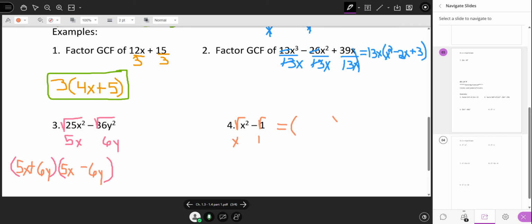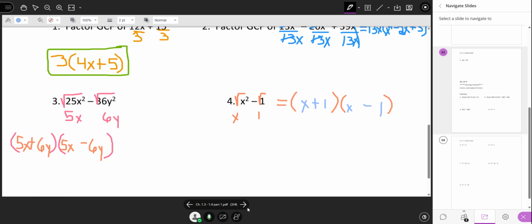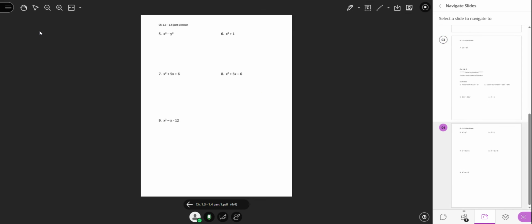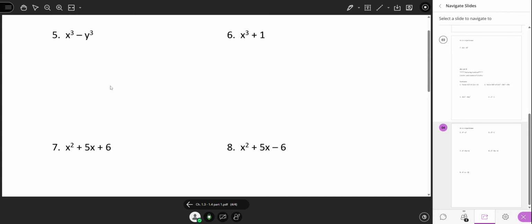Put our butt prints, put our plus, put our minus. x and 1, x and 1. Done. Next page. This is going pretty quick. How cool is that?